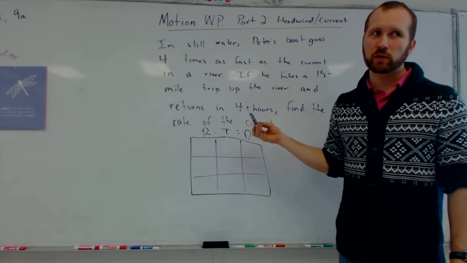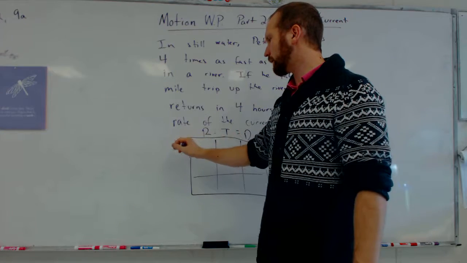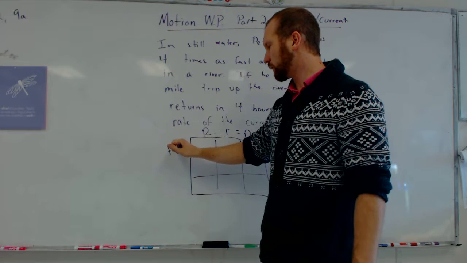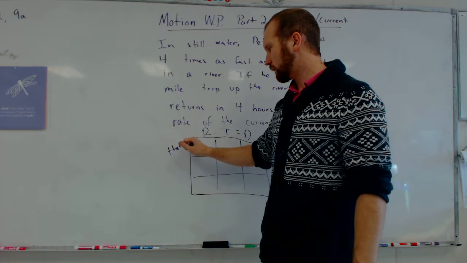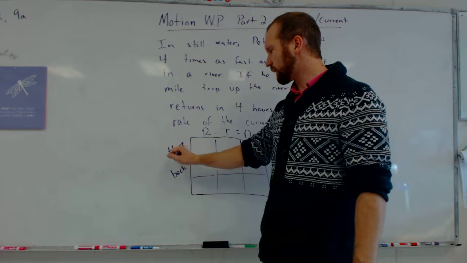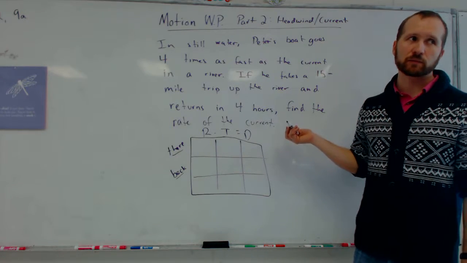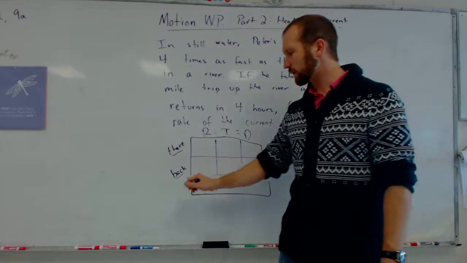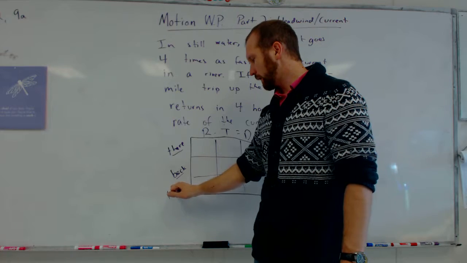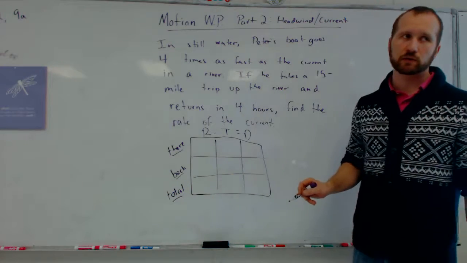That's not going to work very well. What we usually want to do is say there and then back. And this is really the key step for understanding a lot of these types of problems. Now in this particular problem, it's really the total column that's going to help us out the most.